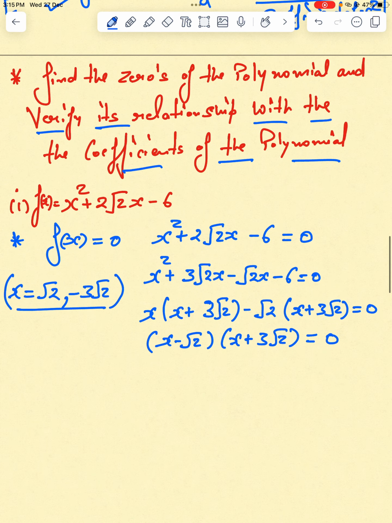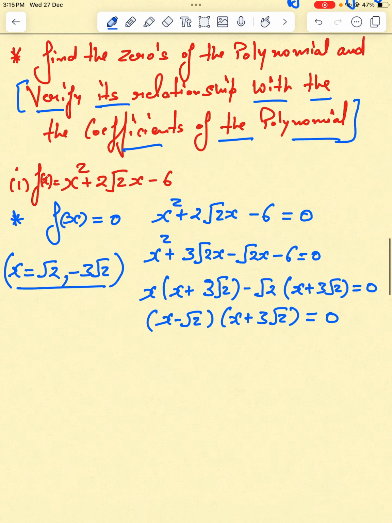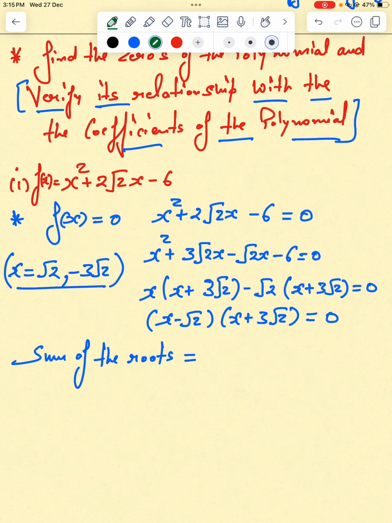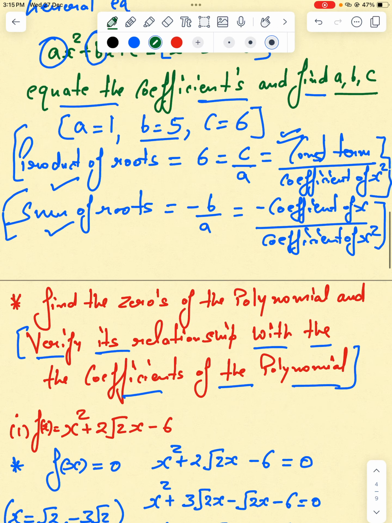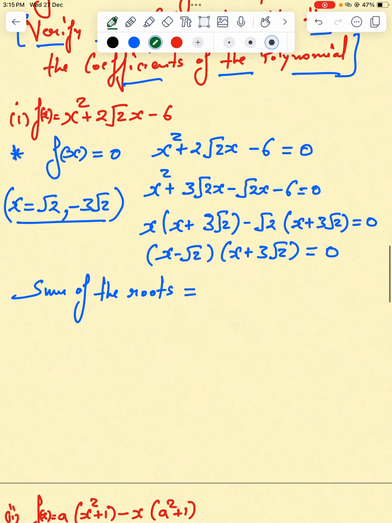Now the second part of the question is to verify its relation with the coefficients of the polynomial, that is, the sum of the roots. We have already learned, sum of the roots is minus b upon a.